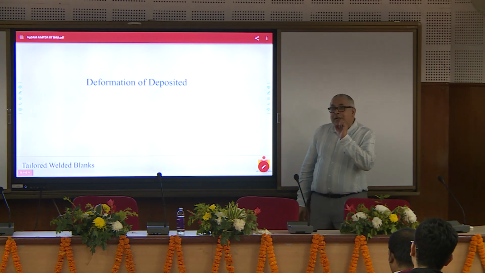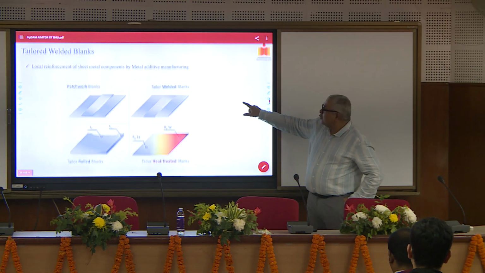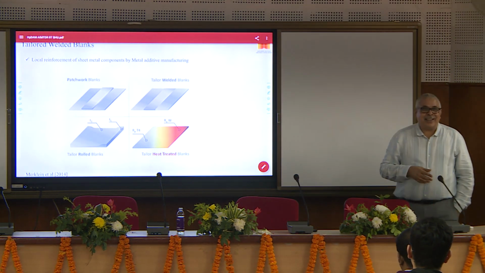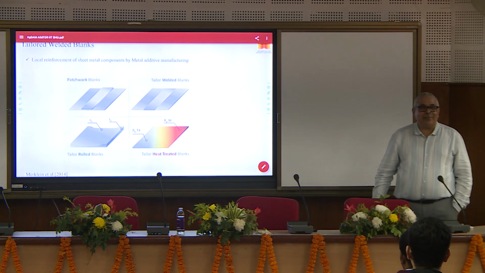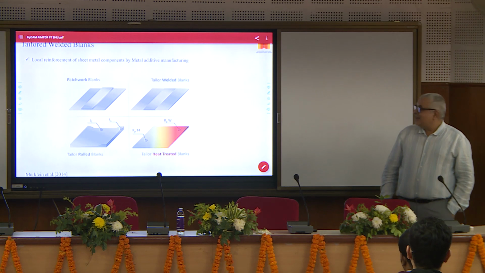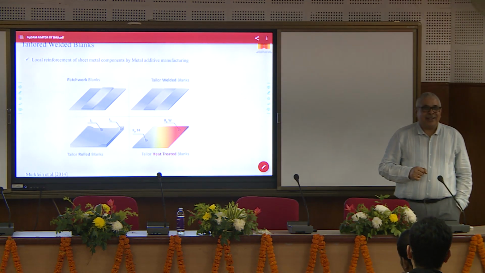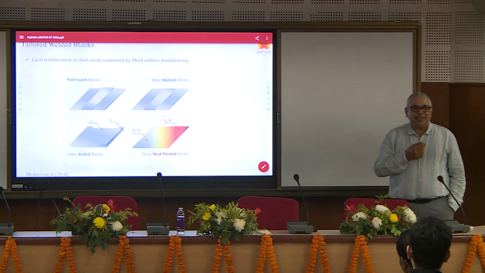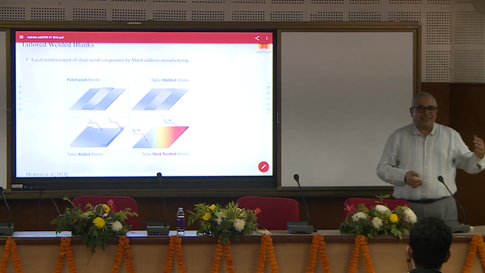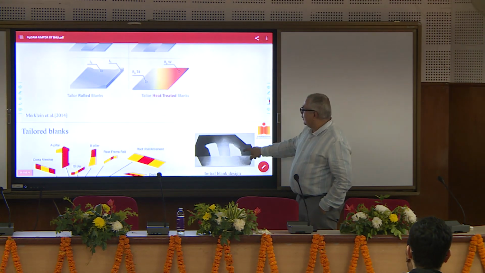Deformation of the deposit, the second level of it. Now, those who work in sheet metal forming, some of them I can see here, know tailor welded blanks. But when it goes to tailor welding, still a uniform thick sheet has to be used, then non-uniform thick sheets, and you cut into multiple things and assemble them. But at certain places you can even do that.